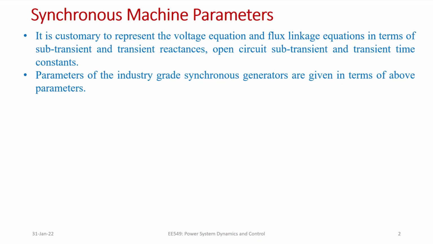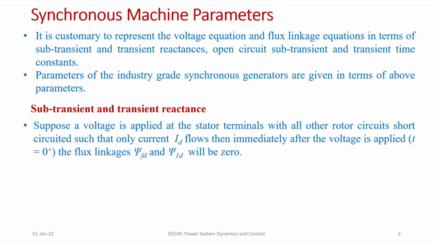So whenever we get a practical generator from industry, they provide these parameters. And whenever we model any synchronous machine or any induction machine, we consider those parameters. Considering those parameters, we can write the equations to model the machine. So let us first talk about subtransient and transient reactance.